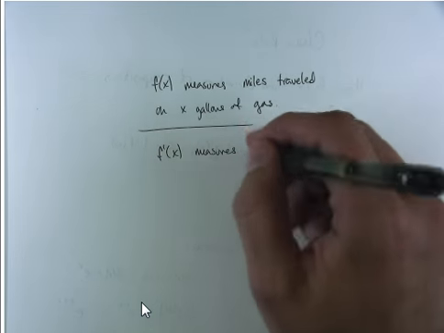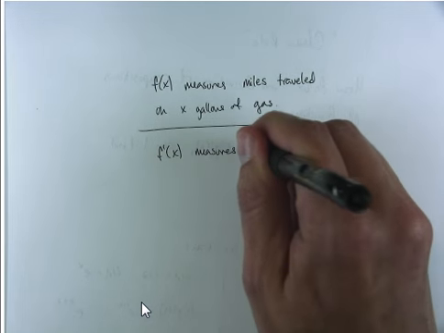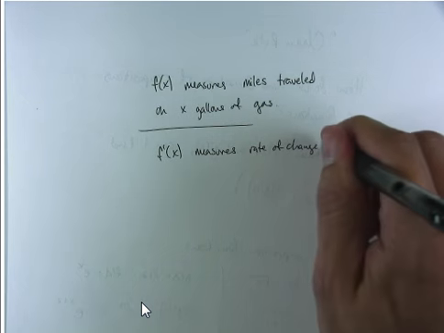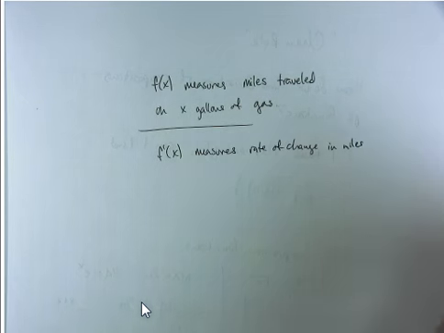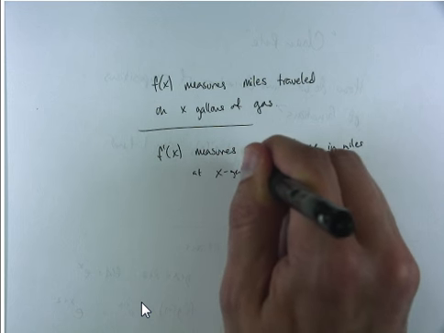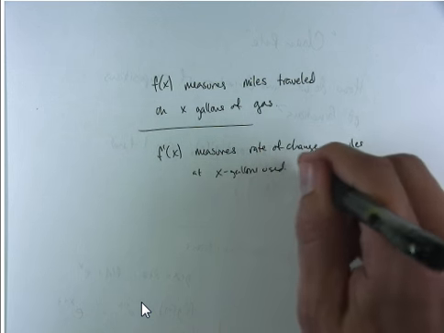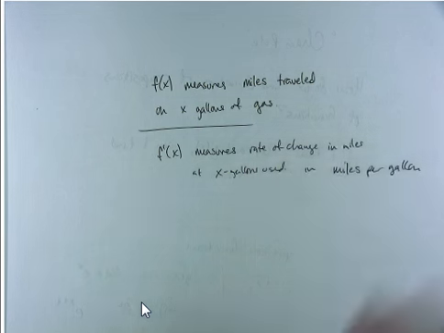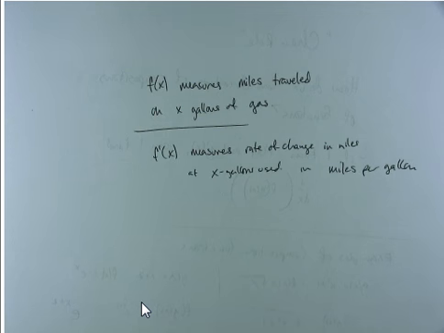So this is the instantaneous rate of change in miles at x gallons used. It's in miles per gallon. This is how fast you're going in terms of gallons. How much gas are you using in order to go how far you're going?